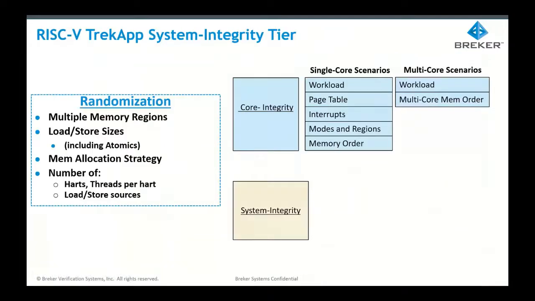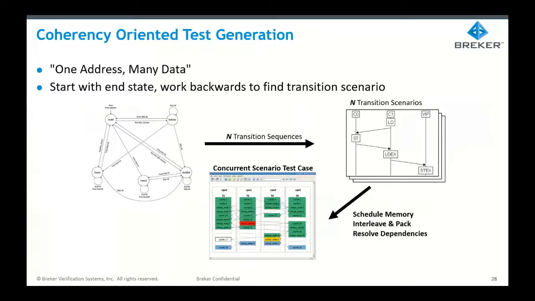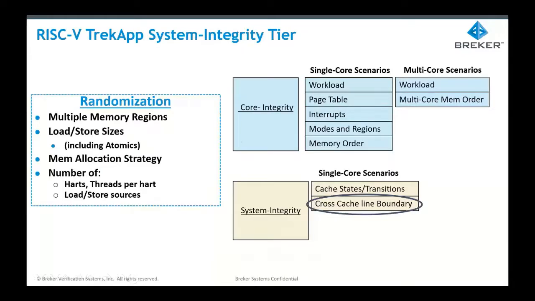So for the system integrity, for single core scenarios, we have the test states and the transitions, where depending on what your cache policy is, you look at the state diagram, and then you can draw sequences of transactions you need to do in order to cover all the cache states and all the transitions possible.